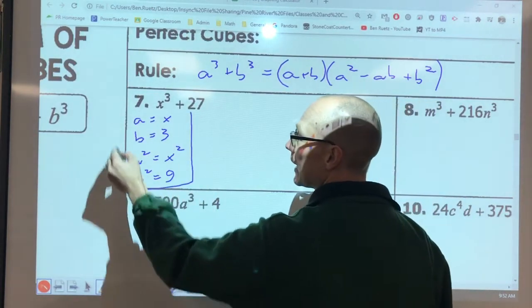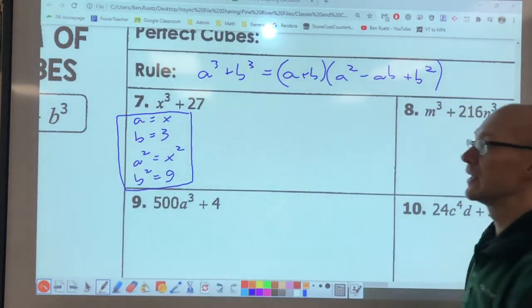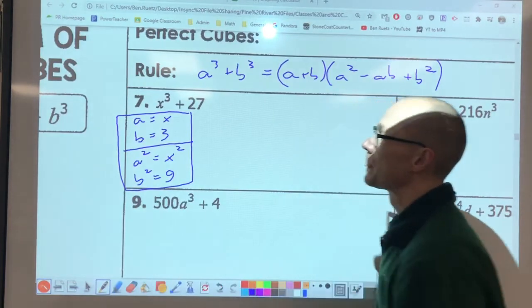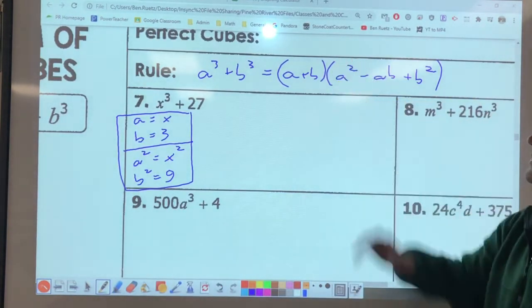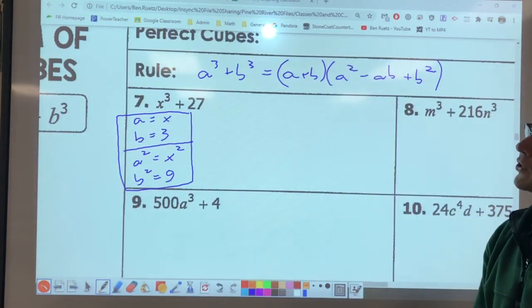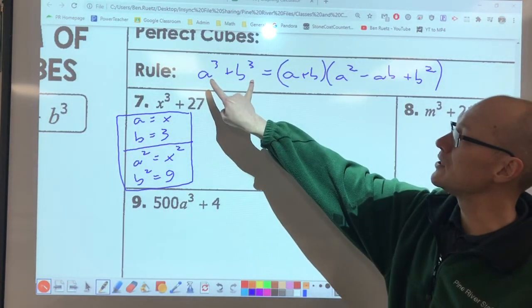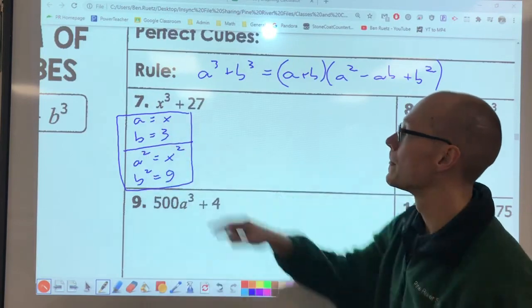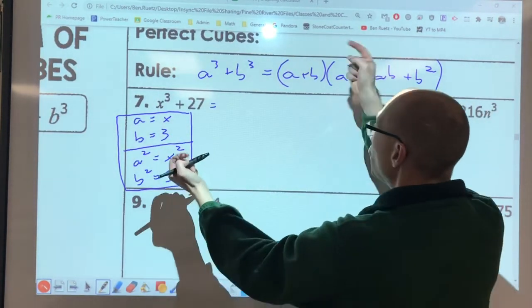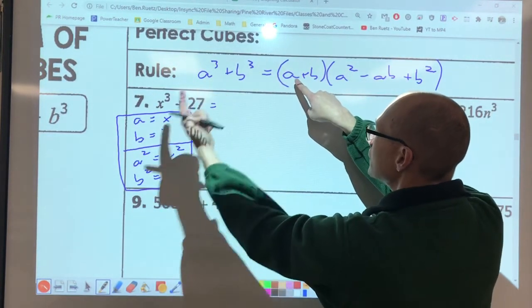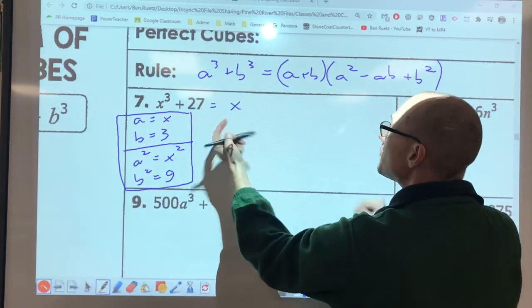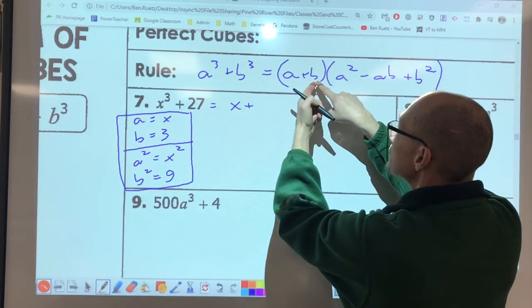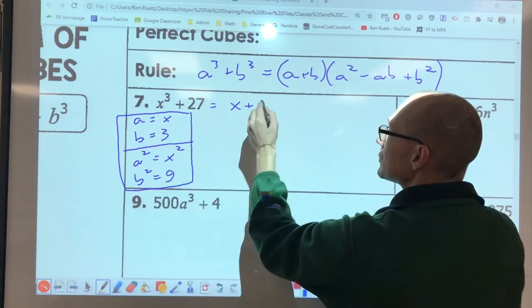So if we have this as kind of like a key to things, we can drop things into here pretty nicely. So I'm recognizing that I've got a cubed plus b cubed in the form of x cubed plus 27. So this is going to equal, well, what is my a? My a is x. Plus, what is my b? My b is 3.